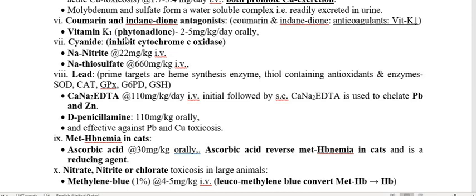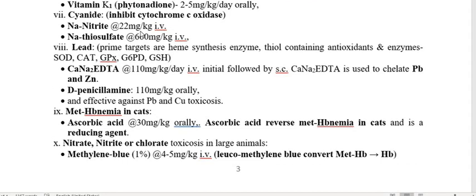Coumarin, indandione, or warfarin is used as an anticoagulant by inhibiting vitamin K synthesis. So as its antidote we give vitamin K, that is phytonadione. Now we have to go to another toxicant, a very important one, the cyanide toxicant.